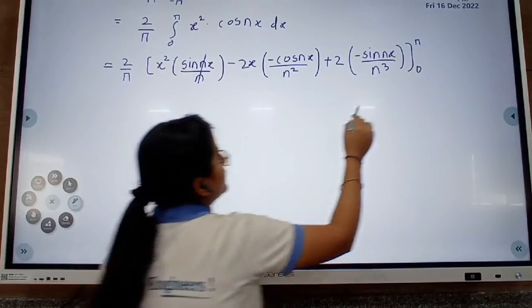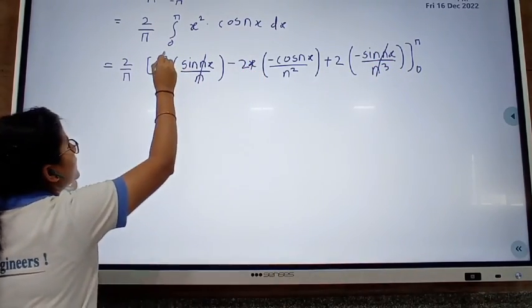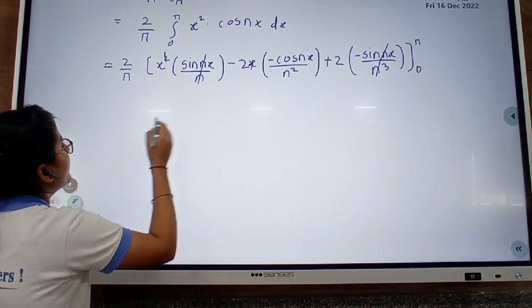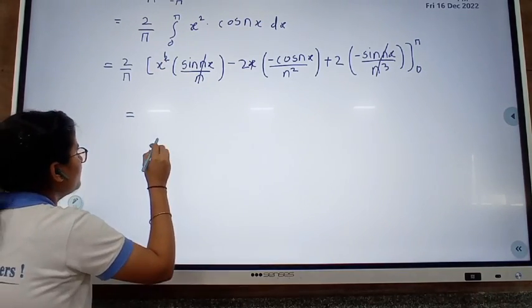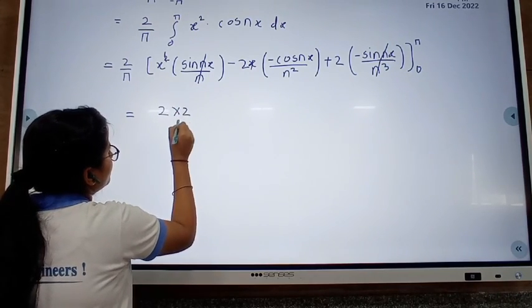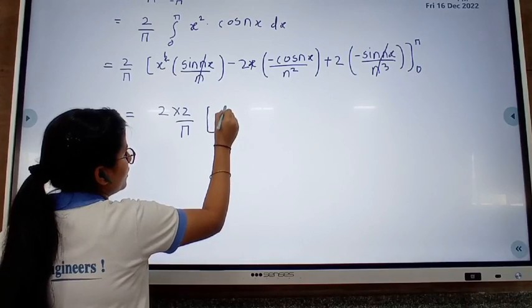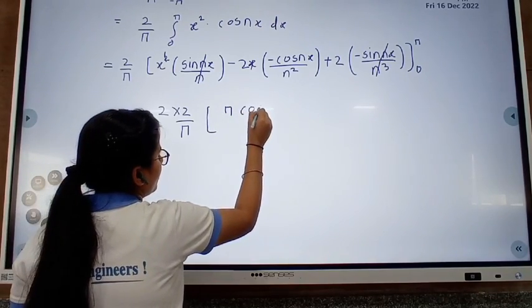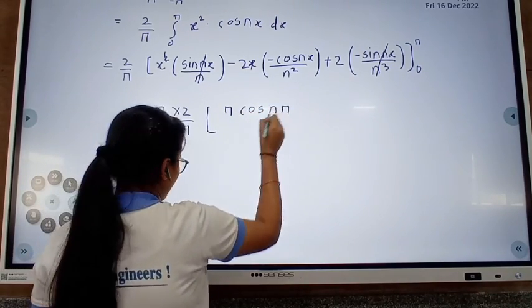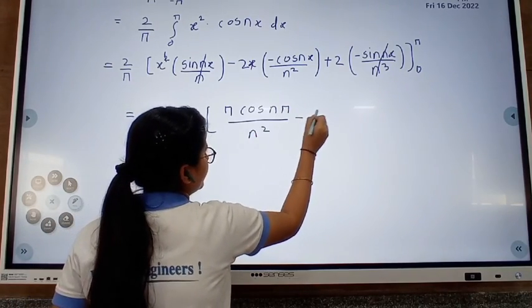So the u into v rule will be applied. This sin x and this will get cancelled. This x and this x will be cancelled. When we apply the limit on it, it will become 2 into 2 upon pi, cos n pi upon n square minus 0.